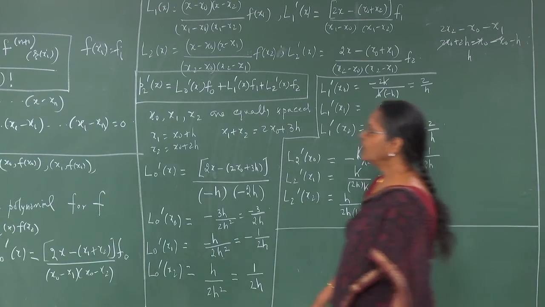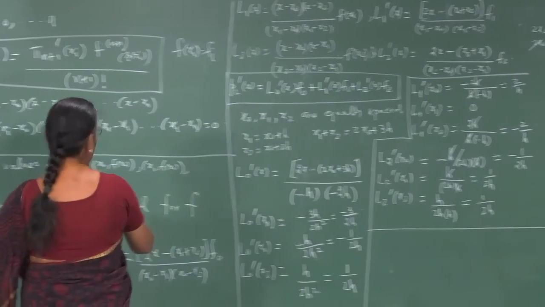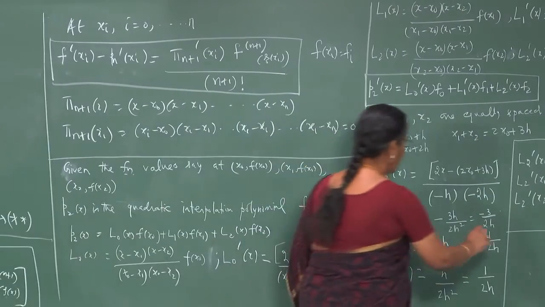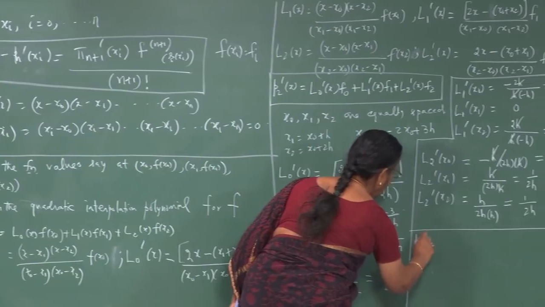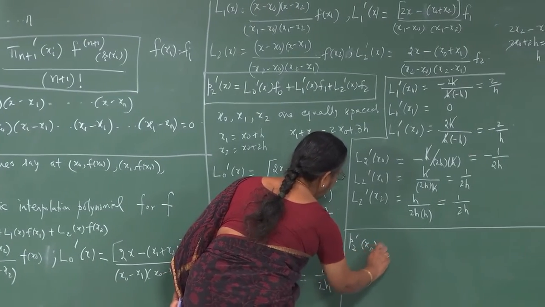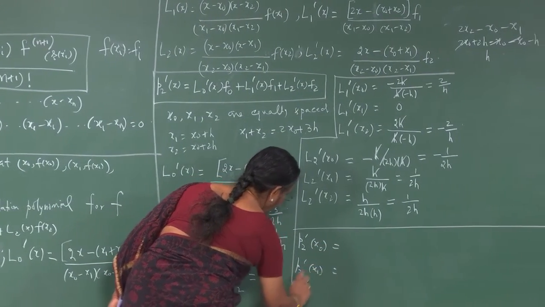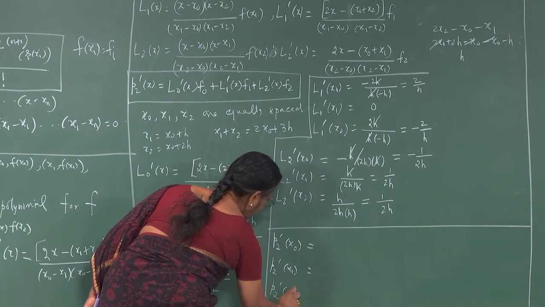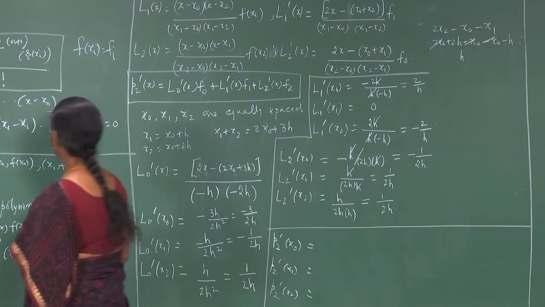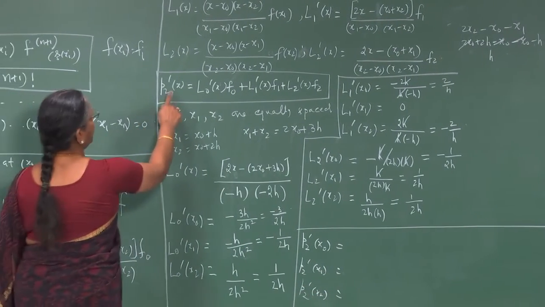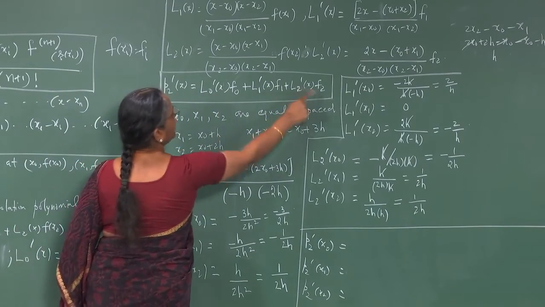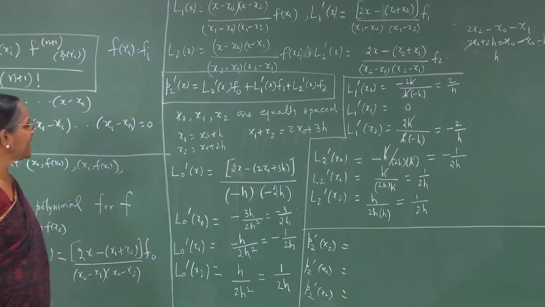So, we can now write down what is P2 dashed at the point x0, P2 dashed at x1 and P2 dashed at x2. So, we have computed P2 dashed as a linear combination of the derivatives.